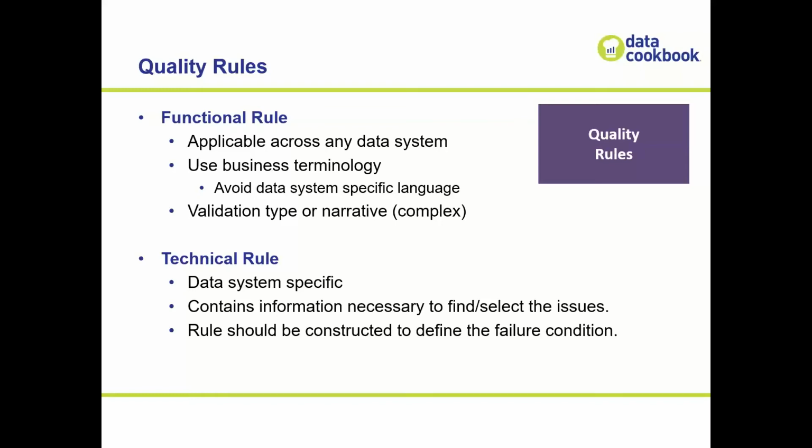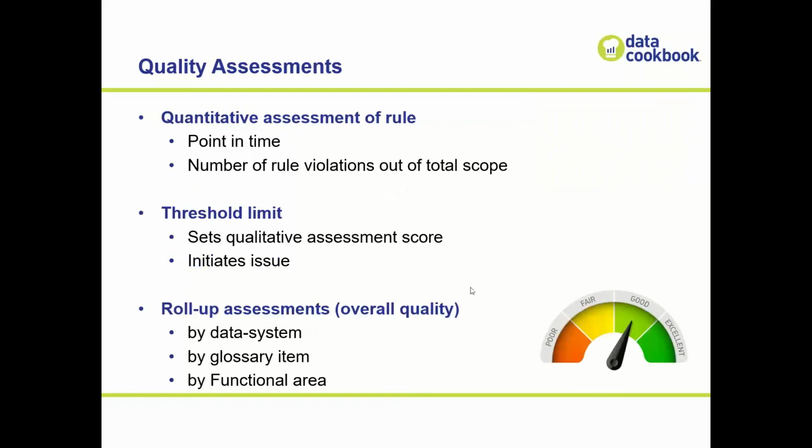And that information about the technical rule should describe how to test it, right? Oh, this particular field on this particular column, this particular table cannot be null if this other value is there. And so it's data system specific. It contains information necessary to find or select the issue, and you can construct a rule to look for that failure condition.